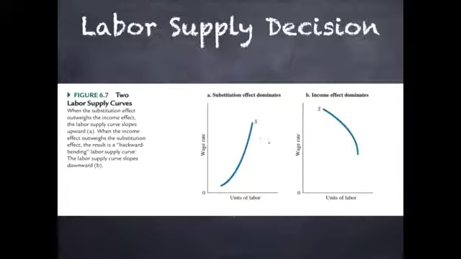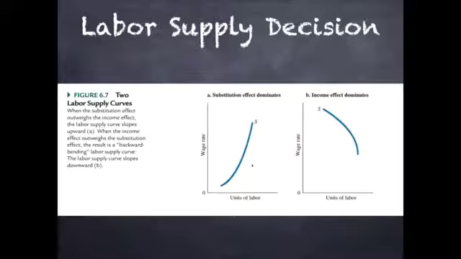In this, as wages go up, people will supply more labor. It makes sense: if you're making $5 an hour and then you get offered a job at $15 an hour, you'd be willing to work more hours per week because you're getting paid more. So you will substitute away from leisure.